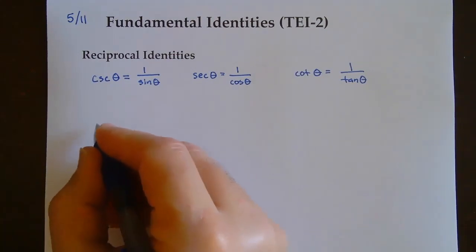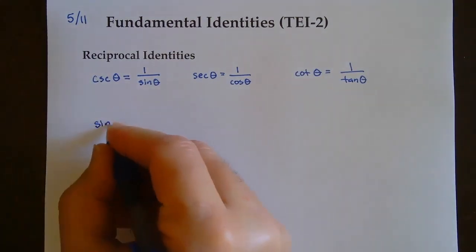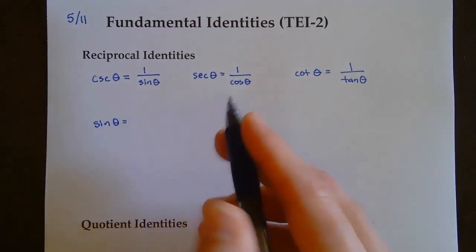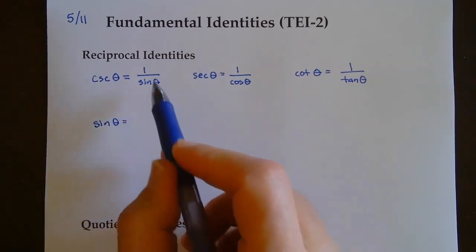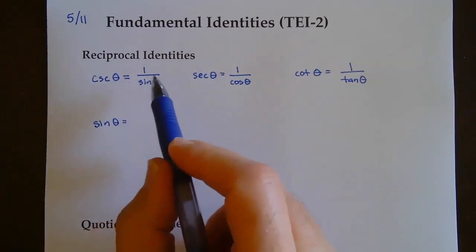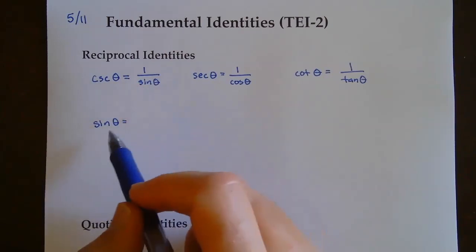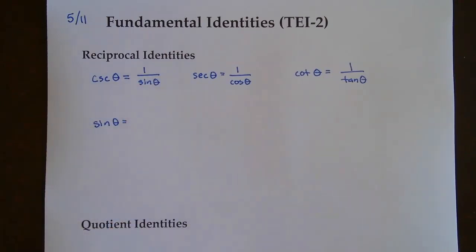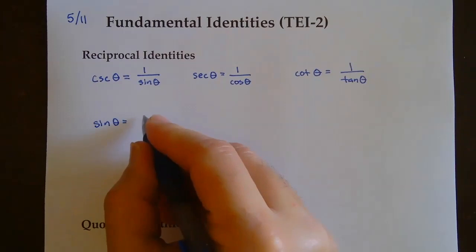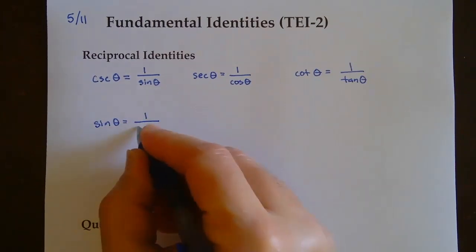And then we have sine theta. If cosecant theta is equivalent to 1 over sine theta, then sine theta is the equivalent of 1 over cosecant theta.